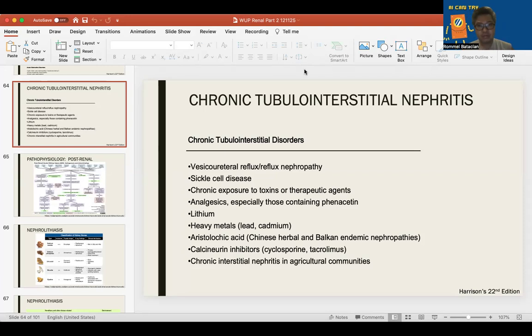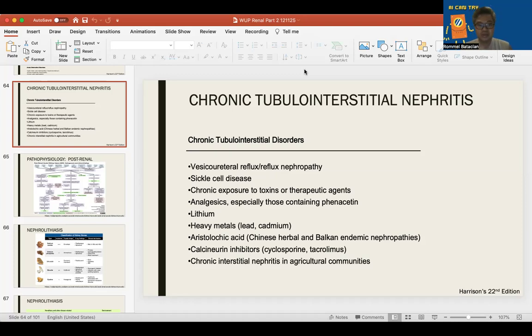This one, as compared to the acute one, has a much longer period of developing pathologic changes in the tubules and the interstitium. Again, medications and toxins are still the most common cause, particularly in developed countries. Prolonged NSAID use, lithium, calcineurin inhibitors like cyclosporine and tacrolimus are very common causes as well.